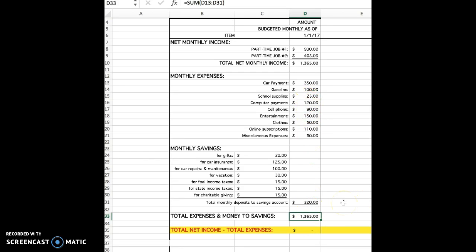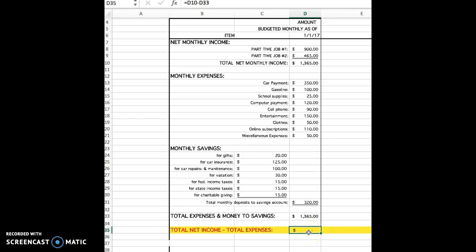But what this shows is what's called a perfect budget, because you have a total income of 1365 and a total money going out either to expenses or to savings of 1365. So it balances out perfectly. And this total at the very bottom shows that.